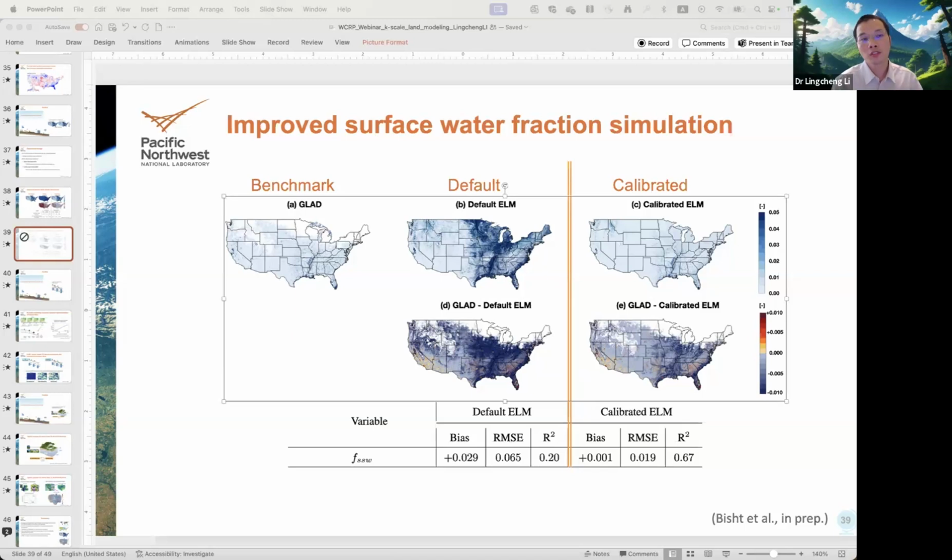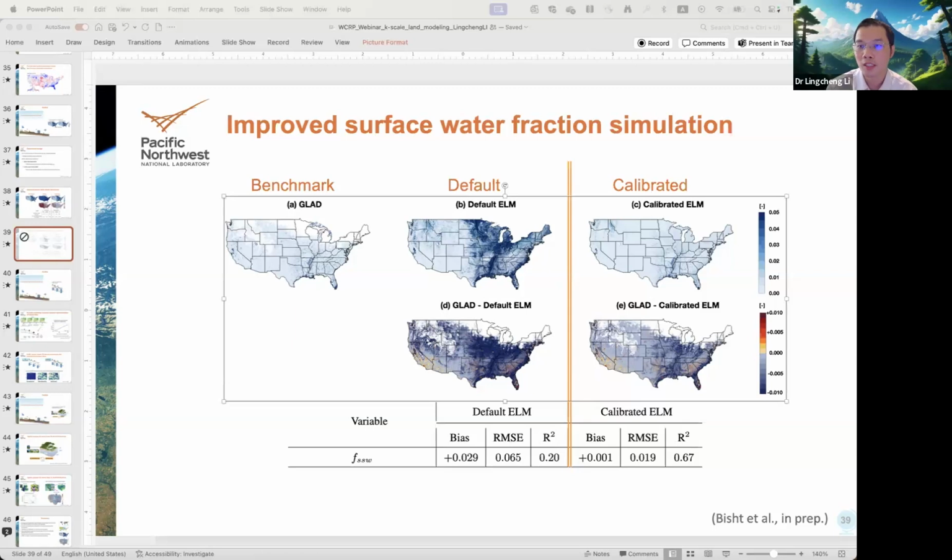Most Earth system model land models may not represent lateral flows, so you may get a worse result if you only go to kilometer-scale resolution and don't include all these factors.